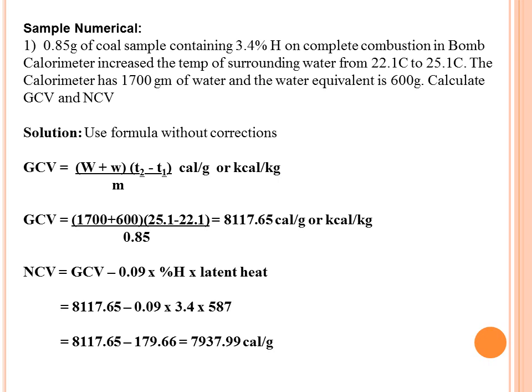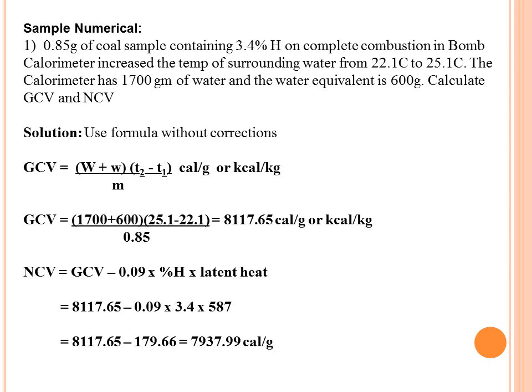The rise in temperature is from 22.1 to 25.1, so 25.1 minus 22.1, divided by 0.85. So our answer will be 8117.65 calorie per gram or kilocalorie per kg.